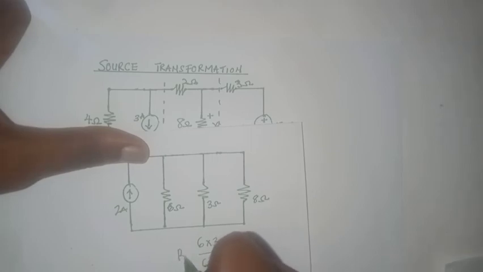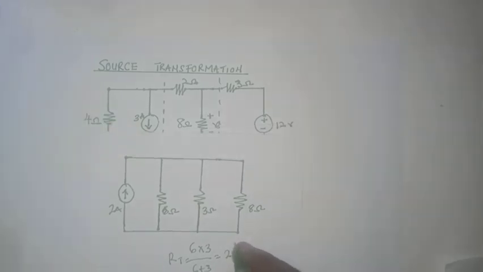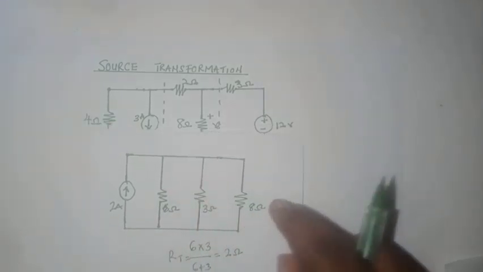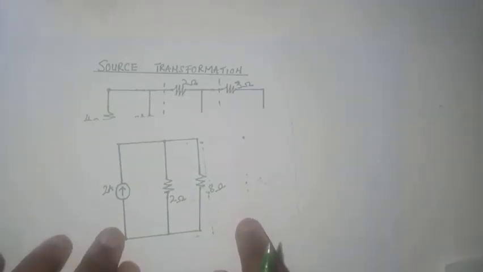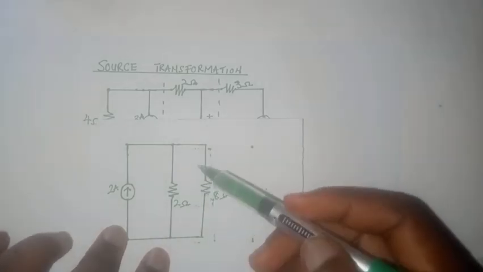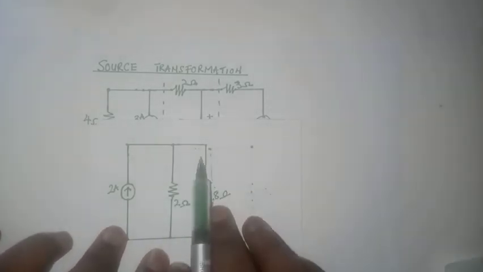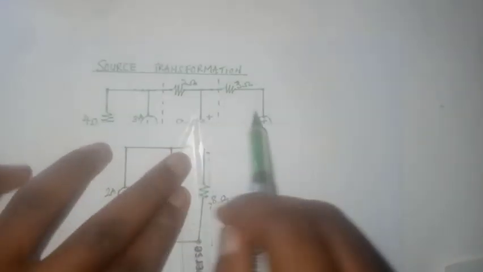That's the equivalent resistance, and that would be equal to 2 ohms. So we can replace these 2 resistors with a 2 ohm resistor, and then our circuit will be further simplified into something like this.